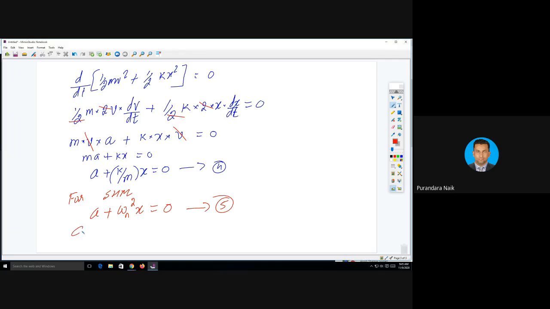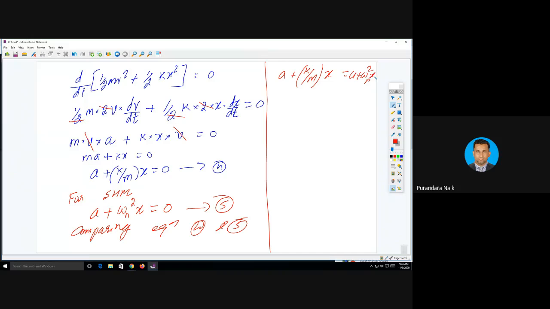Okay, comparing equation 4 and 5, what does it say? a plus k by m into x is equal to a plus omega n square x. Correct?